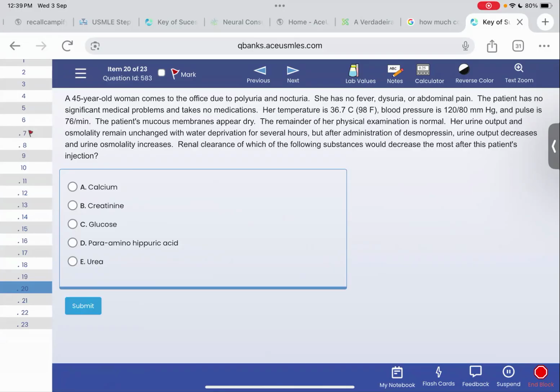We have to mention that as well. The descending loop of Henle is only permeable to water, while the ascending is only permeable to salts. You're right.